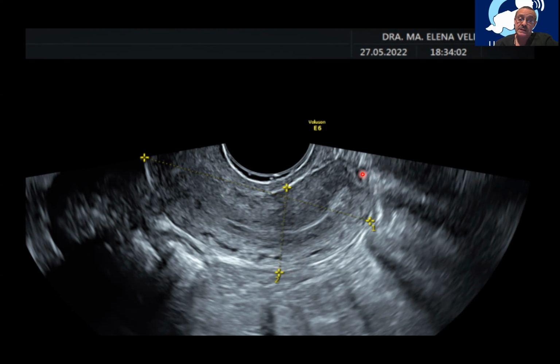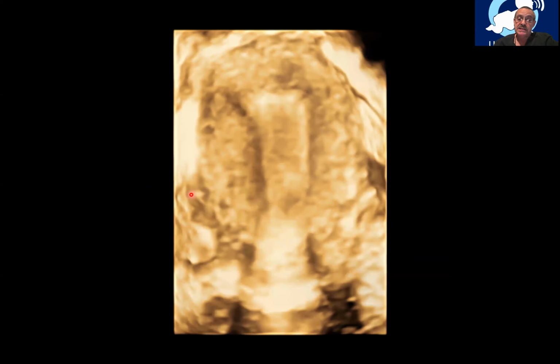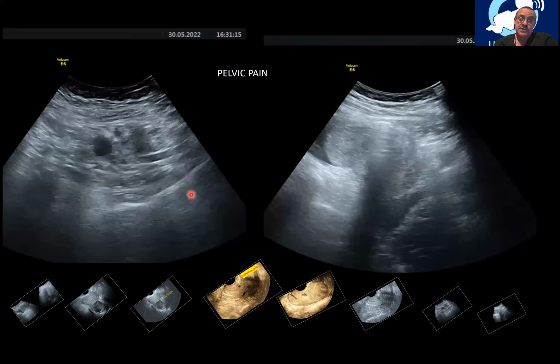This is the fundus, and now the cervix is in the opposite side of the screen. And I render this reconstruction. Whenever we see a patient who needs or asks for a pelvic ultrasound examination, it means that that person had a problem or thinks she has a problem.